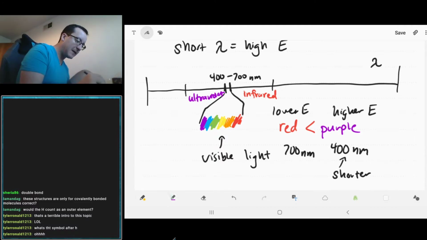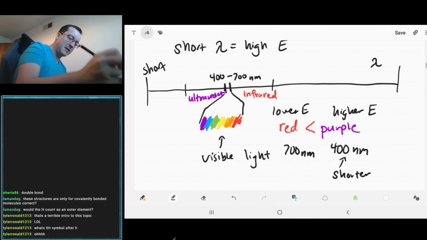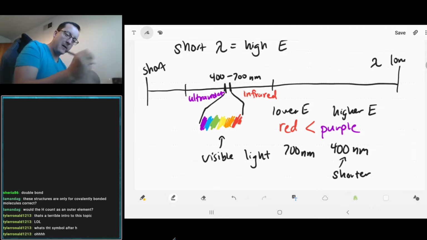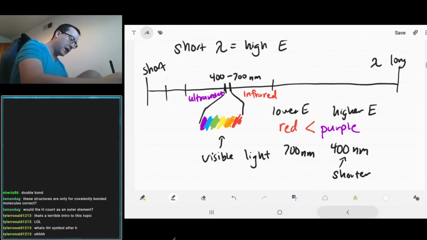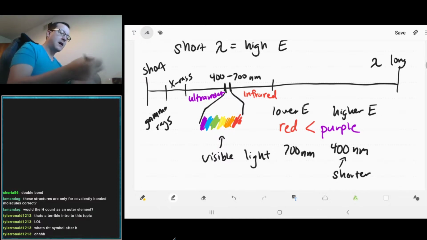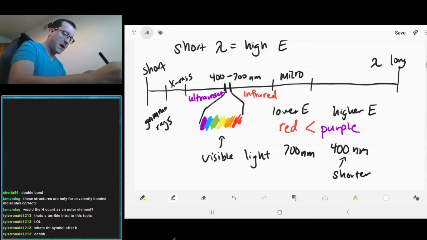We're going to see that this is going to be short wavelengths towards this direction and long wavelengths in that direction. If we keep going shorter, we have X-rays and gamma rays. And if we go longer, we're going to have microwaves and radio waves.